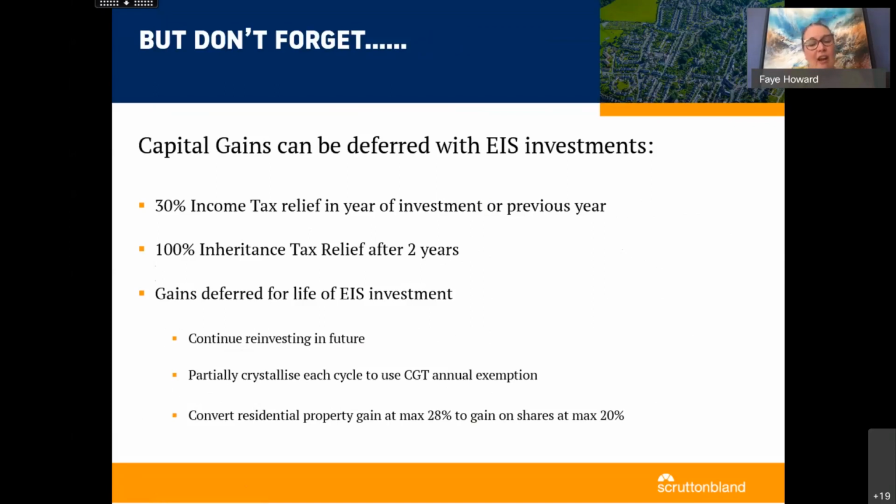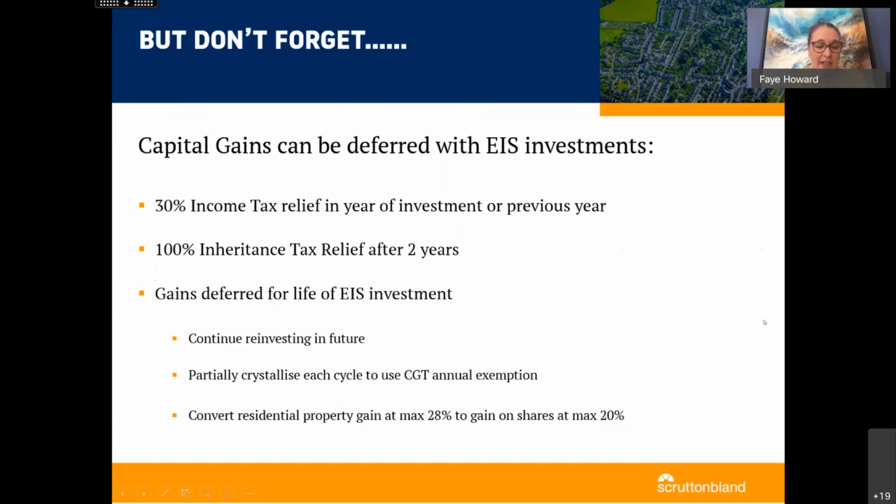Now, these are very highly regulated investments. Specialist IFAs are the people to consult about these. And should you talk to such an IFA, they will tell you that they are high-risk investments. However, whilst they're a high-risk investment, they are also underwritten by a huge amount of tax reliefs.